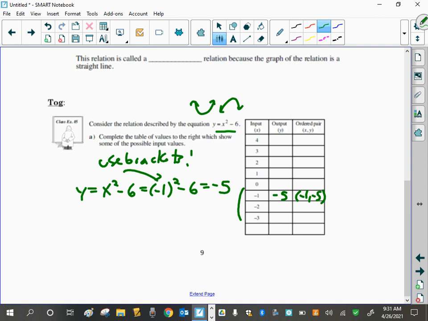Everyone punch in your calculator. Bracket, -1 and the bracket, squared. Now your x squared button is right here. It's your square root button, except you don't press second. But if you don't put the brackets, it's not squaring the -1, it's just squaring the 1 and leaving the negative sign out front.